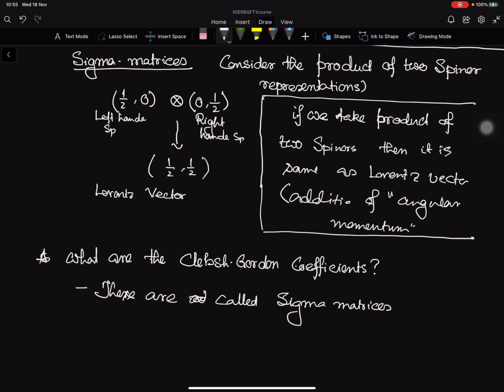For example, take sigma^mu_{alpha alpha dot}. As a matrix, this is the same as the identity and the Pauli matrices.